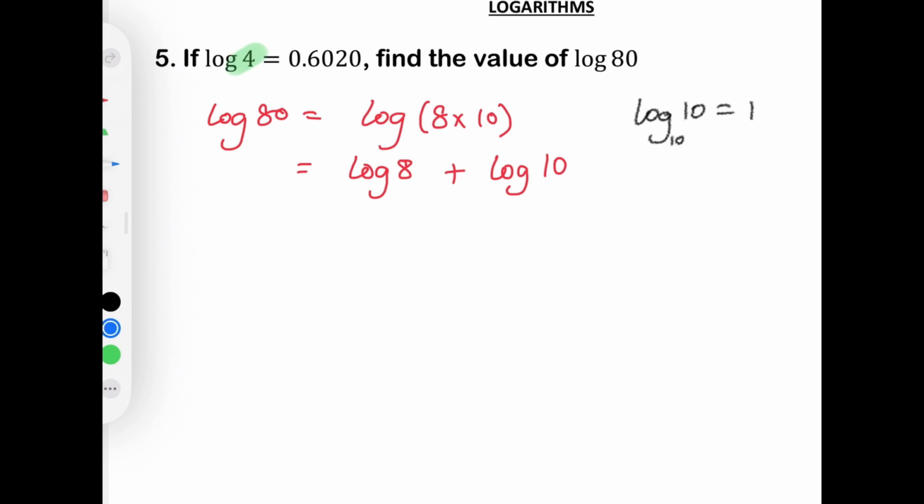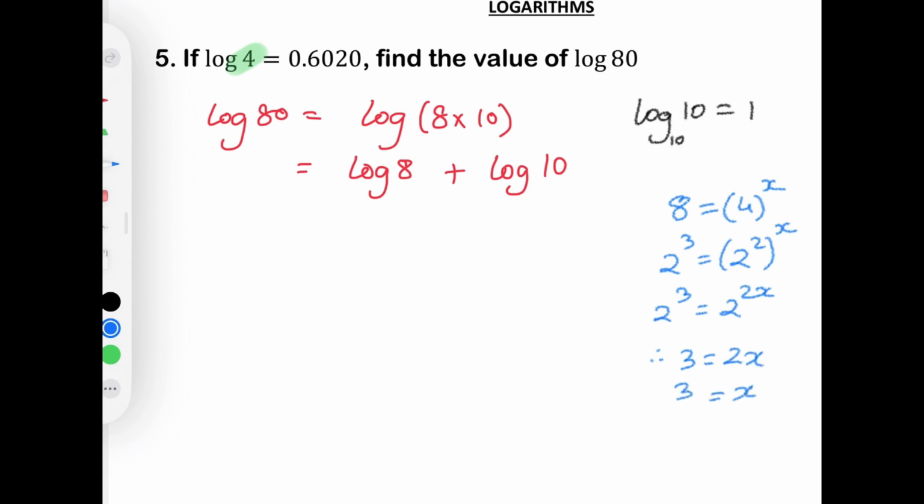And we have to represent 8 with some power of 4. So let's say 8 equals 4 raised to some power x. So 8 can be written as 2 cube and 4 can be written as 2 square to get the same base on both sides. So 2 cube equals 2 raised to 2x, which gives 3 equals 2x, or x equals 3 upon 2.